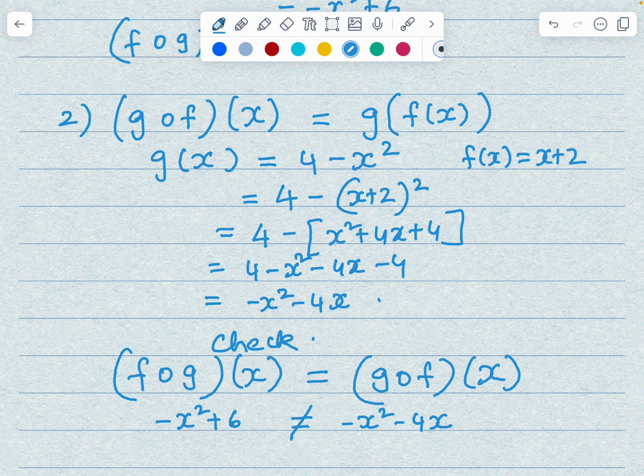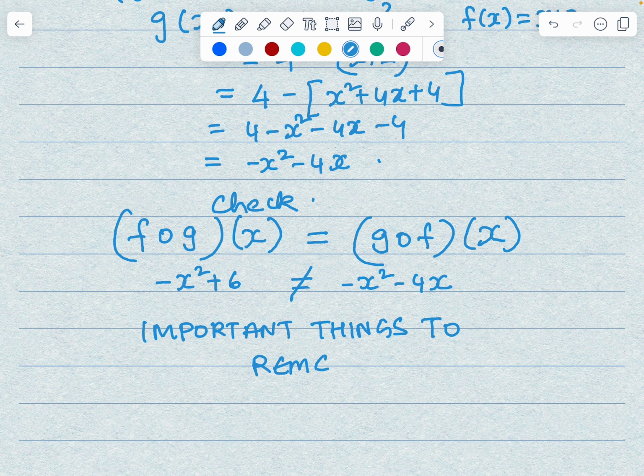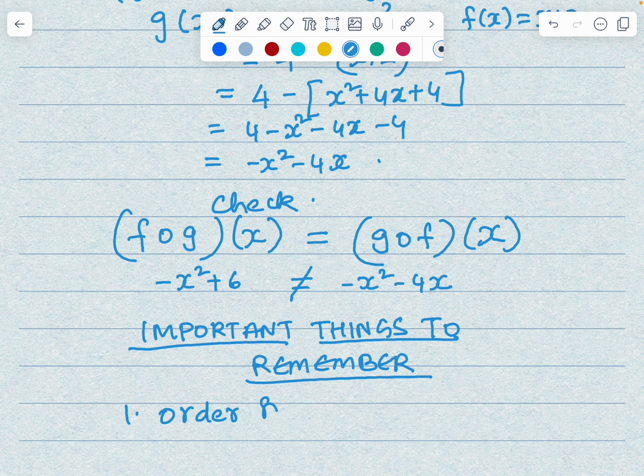The important things to remember about it: one, order matters, right?